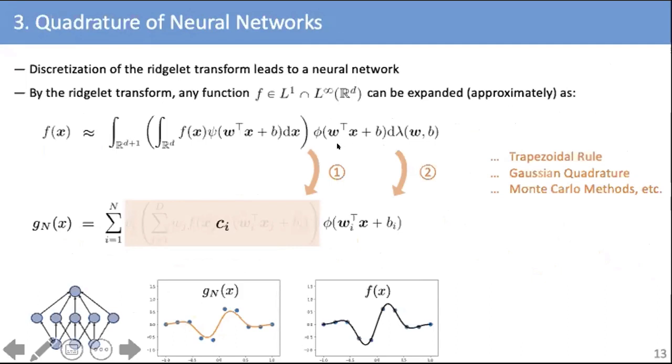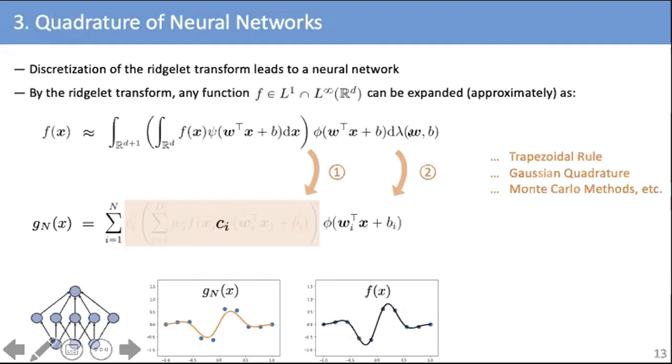Yes, actually, the meaning of approximation involves this measure here. Basically, we can show that if we set the Lebesgue measure for this lambda, this equation converges to the original function f. And if we place some other probability measure, for example, some Gaussian measure, then this equation becomes an approximation of the original function f.